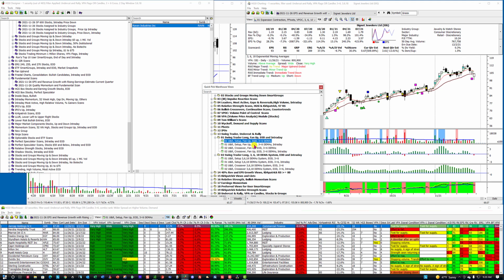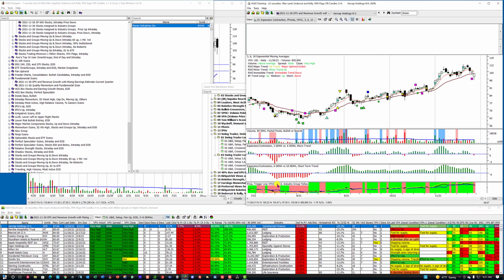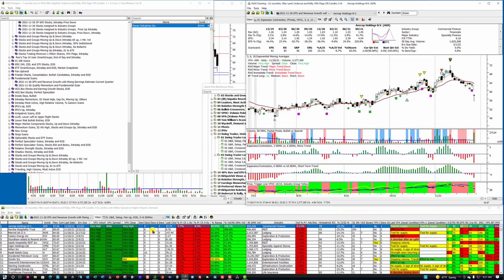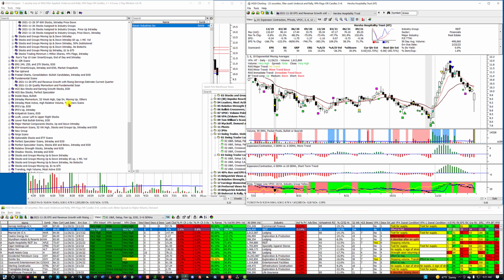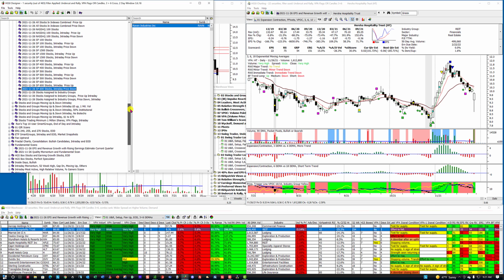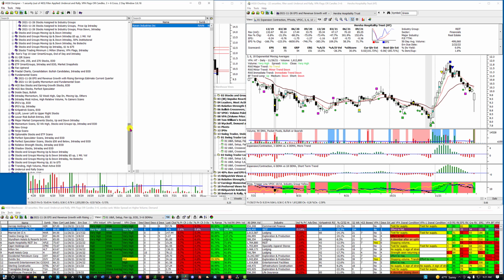Let's go up here to these. These are setups, and it's still in the same group. So going forward, what I'm going to be doing is looking at these groups over here, or creating new smart user groups with certain characteristics, and then screening on those.